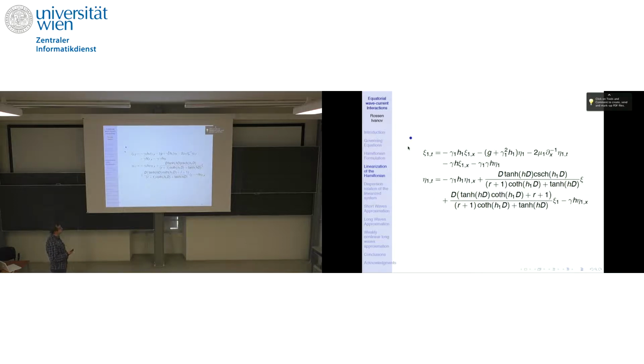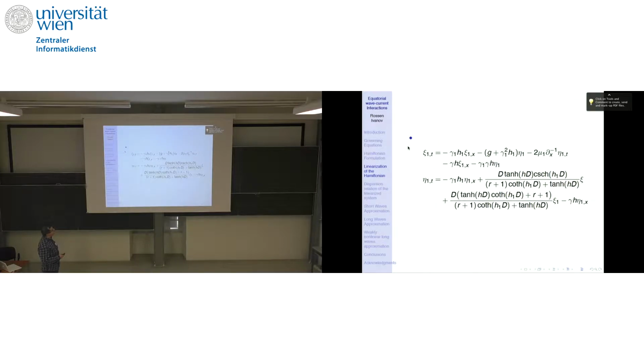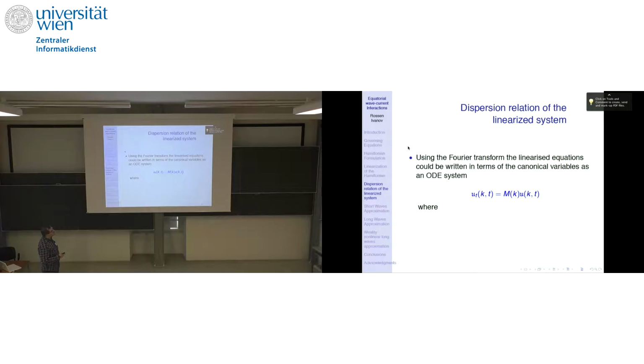So this is a system of linear, but quite complicated, equations, four of them. Of course, with the Fourier transform, where the operator D is just multiplication by k in Fourier space, we can write it in this form, where M is a matrix and U is the column of the unknown variables. The eigenvalues of this matrix M are associated with oscillatory solutions of the form e^(i(kx - ct)).